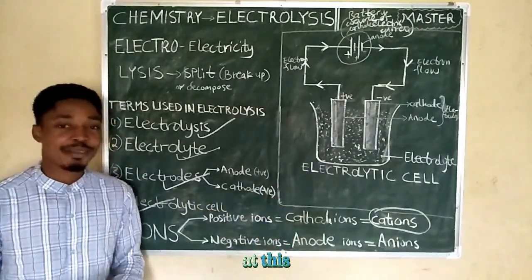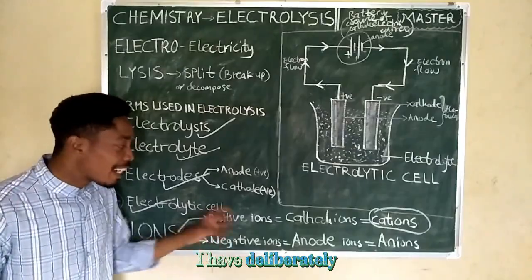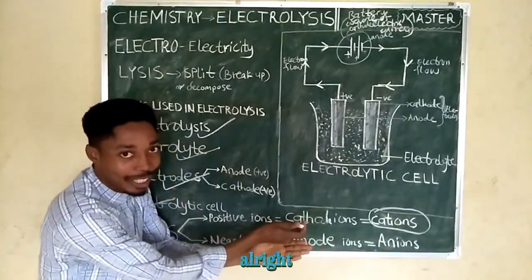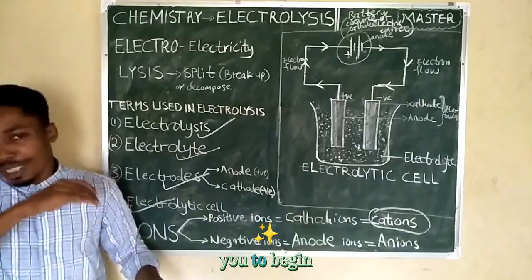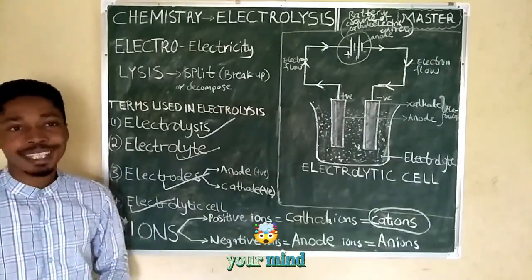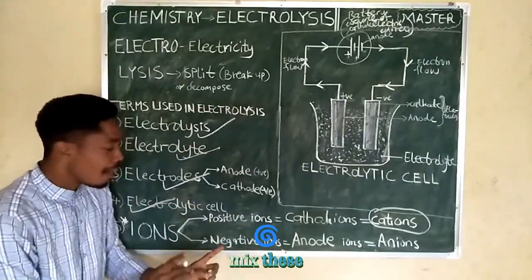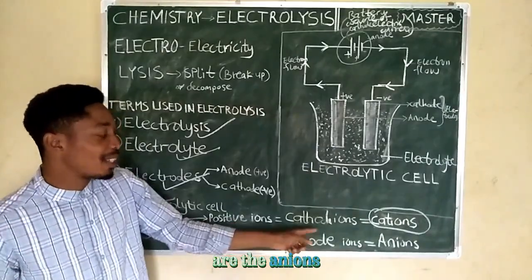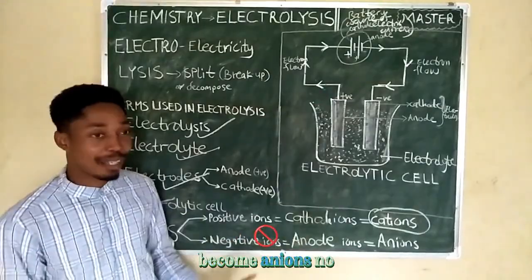If you look at this, you will discover that at the beginning of the video, I had deliberately interchanged them. I have just changed it now. I just wanted you to begin to ask yourself some questions in your mind because most students mix these. Most students say that positive ions are the anode ions because the anode is positive. So positive ions become anode ions.